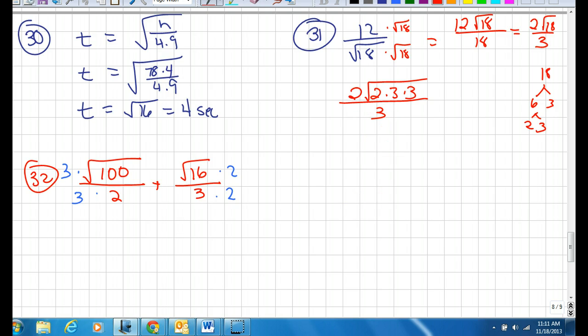What can I take out? A pair of 3's. So it's going to be 2 times 3 square root of 2 over 3. Can I reduce this at all? I want to reduce it before I multiply through, just because I might as well. There's a 3 there and a 3 there. I can get rid of it. So it'd be 2 square root of 2.